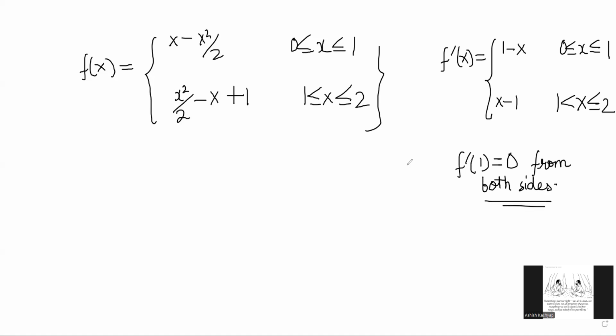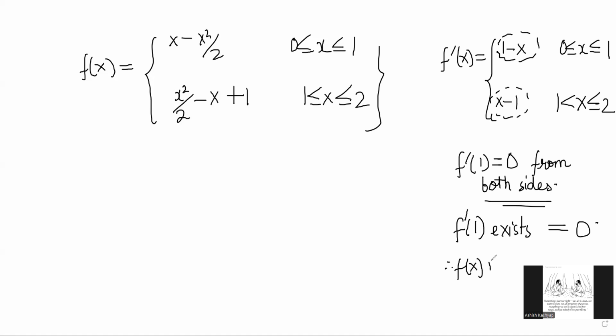So the value of the derivative is becoming 0 on the left-hand derivative side and also on the right-hand derivative side. So we can say that f dash 1 exists and is equal to 0. Therefore, f of x is differentiable at x is equal to 1, right?